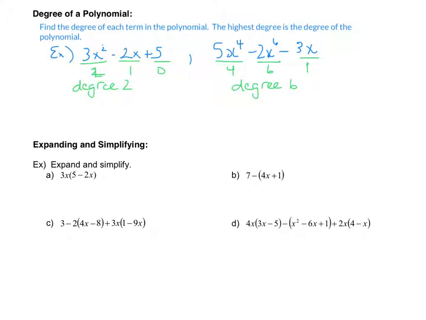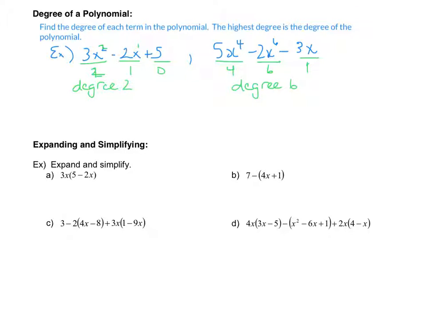Just a few things to note, which I don't have a lot of room on this spot because I wrote really large. There's a few more details that we need to put in here. For example, when we're writing out polynomials, we usually write them in descending powers of x. So you'll notice this very first one here, I had the 2 as a degree, and then the 1, and then the 0.